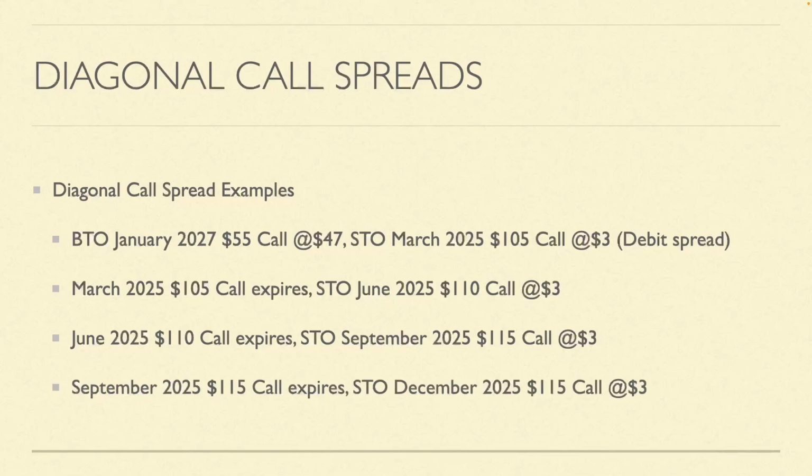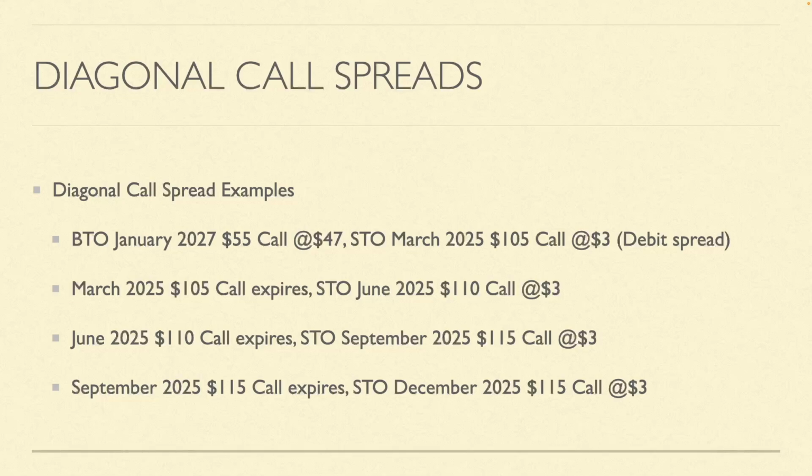If that September call expires, we could then sell to open another 2025 $115 call for $3. Our cost is now $35 per share. Our spread is still $60, giving us a potential profit of $25, $3 more from the new premium received.